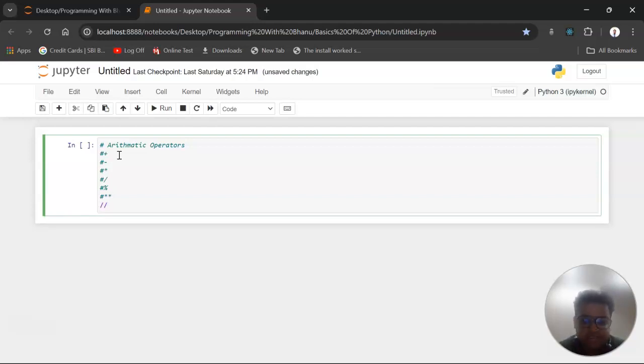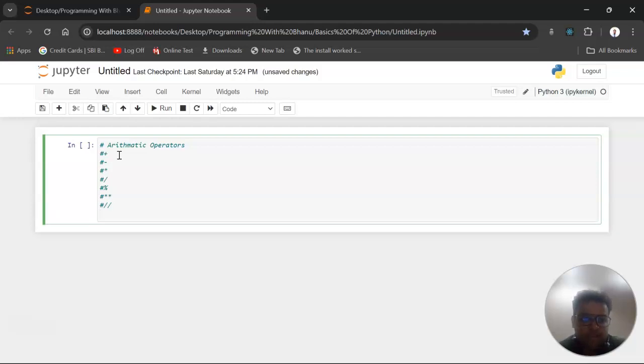And the last one is floor division. Floor division is an operation where the result is the quotient in which the digits after the decimal point are removed. So if the quotient is 2.3, the result will be 2. It will remove the digits after the decimal point.